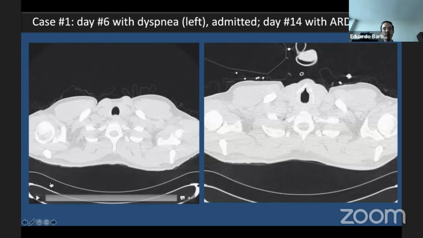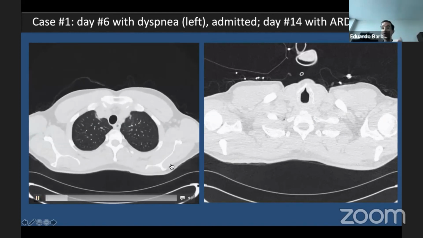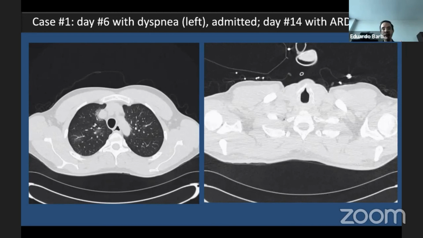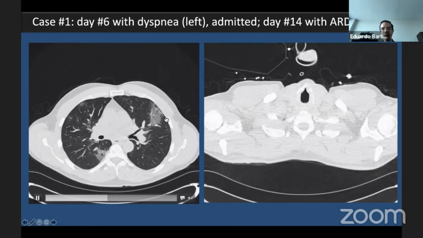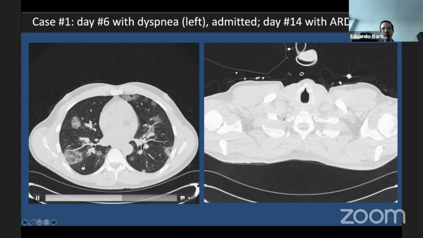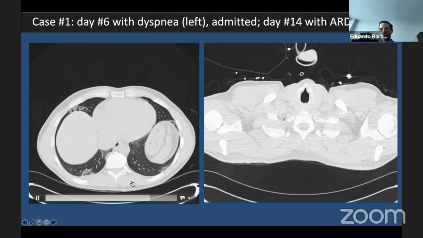But then I'll show 2 videos of what happens a few days later, and that's quite common in many patients. For example, he came back on day number 6 with worsening shortness of breath. And now you can see a very typical pattern of COVID-19 associated pneumonia, multiple rounded and peripheral ground glass opacities bilaterally with basal predominance.